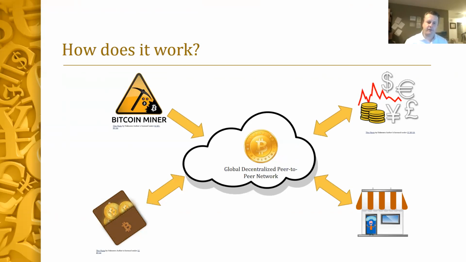And then from that standpoint, there's a couple areas. Over here, you have your exchanges. This is where you would go and exchange your money, whether it be US dollars or whatnot, to buy the Bitcoin. And then from the exchange, it goes back into the wallet.